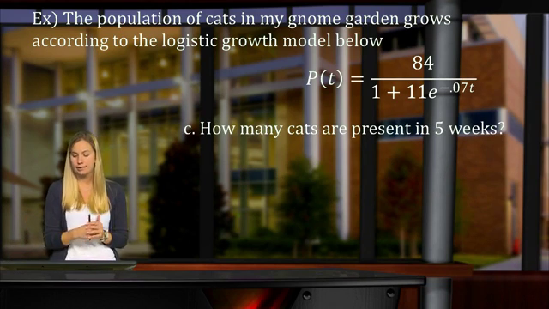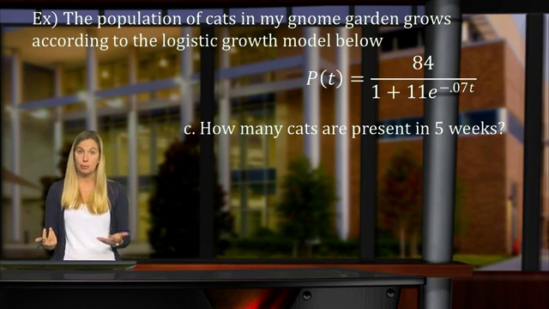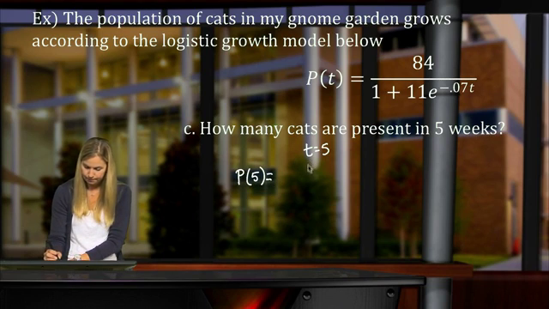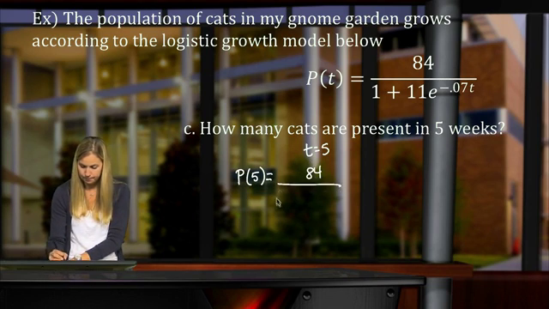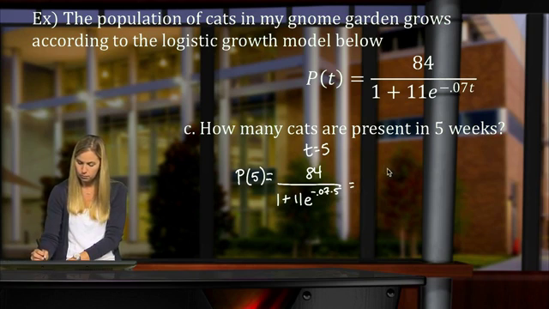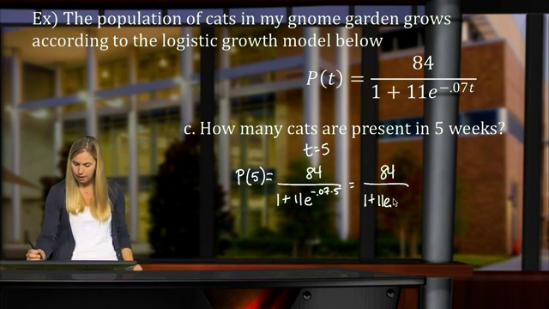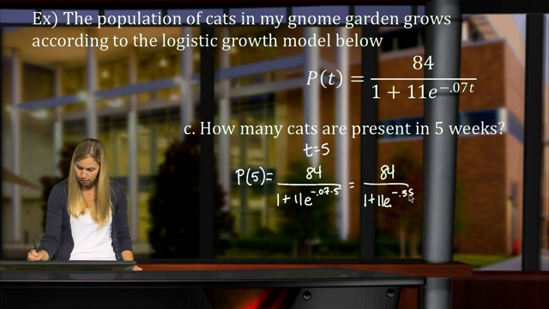How many cats are present in 5 weeks? So now we're plugging in t equals 5. Negative 0.07 times 5, negative 0.35.